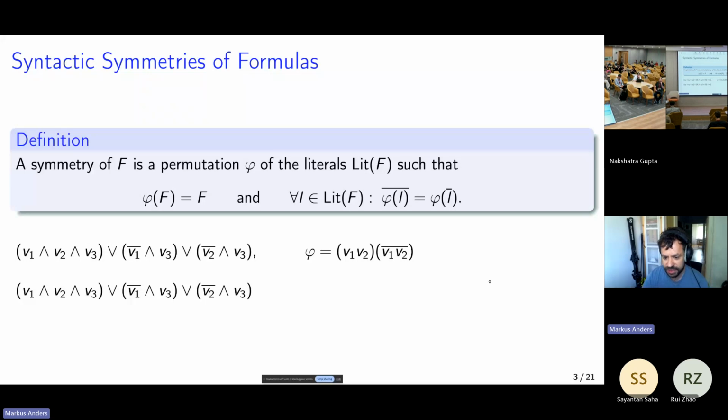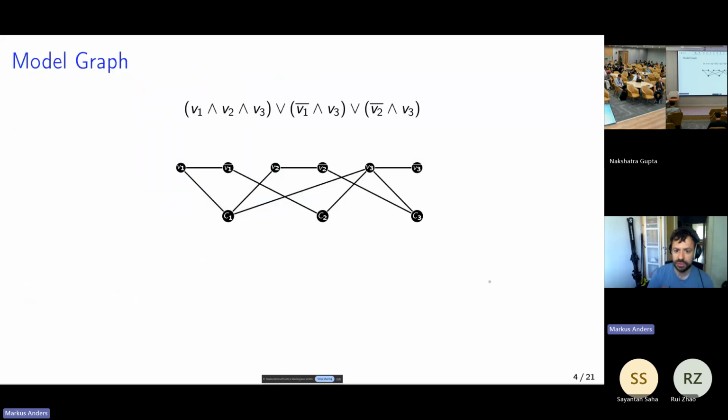Now, this is not how we usually compute the symmetry, so we don't do this on the formula directly. Instead, what we usually do is we first turn the formula into what's called a model graph. The definition of this graph is quite simple. We take each literal of the formula and turn it into its own vertex of this graph, and then we connect the literals that belong to the same variable to each other. Then we make another vertex for each clause in the CNF, and we connect the clause to its contained literals.